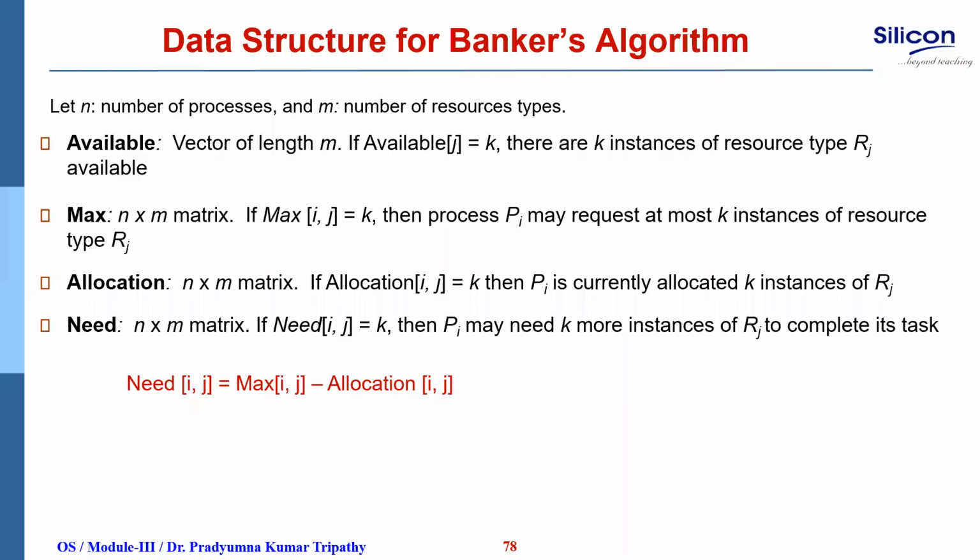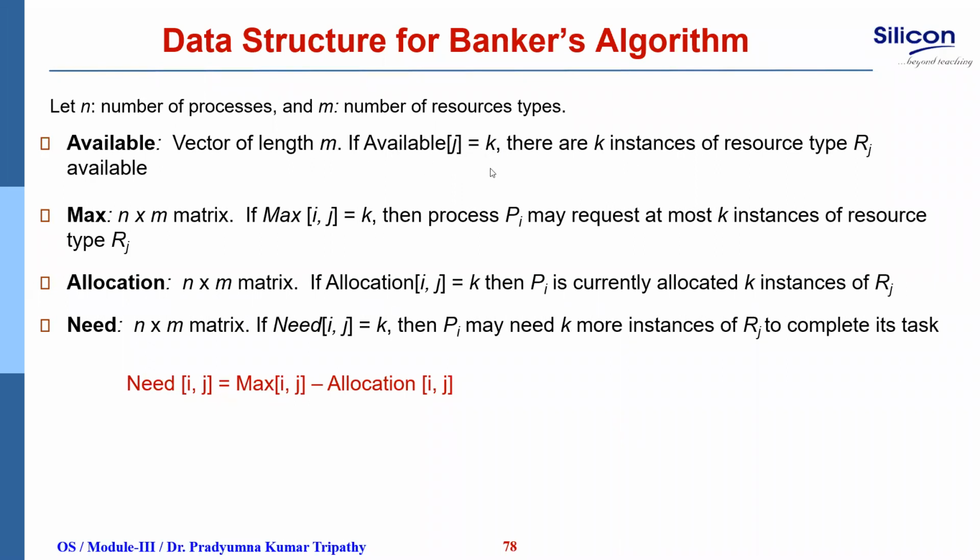So available is a vector of length M. If available[j] equals k, that means there are k instances of resource type Rj available. That means if I say available of hard disks is equal to 3, that means 3 hard disks are available.